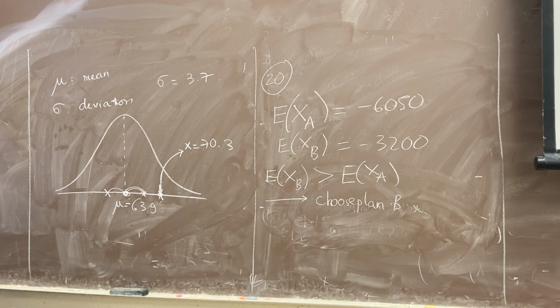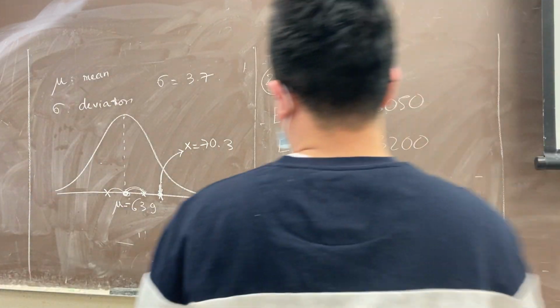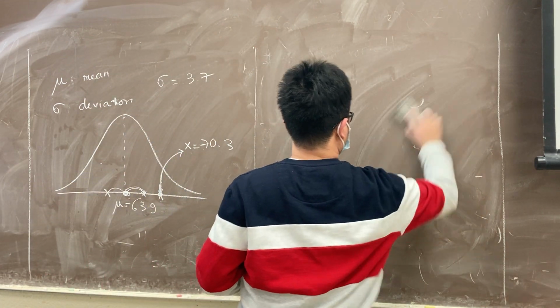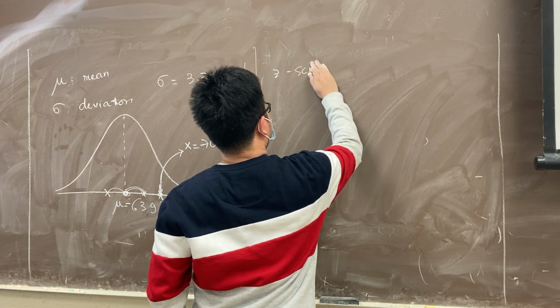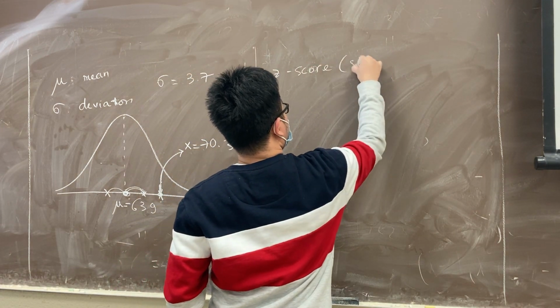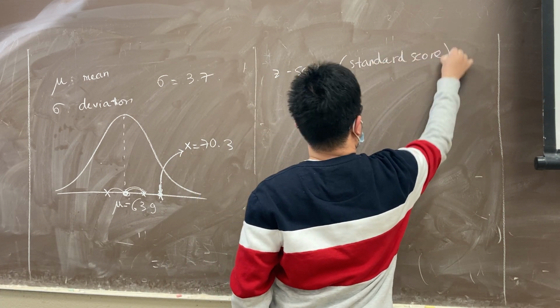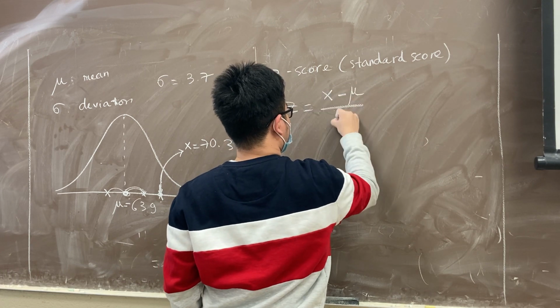And now, the question: calculate the standard score. Z score or standard score. So the Z score should be calculated by this formula, X minus mu over sigma.